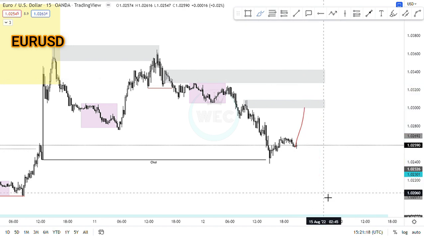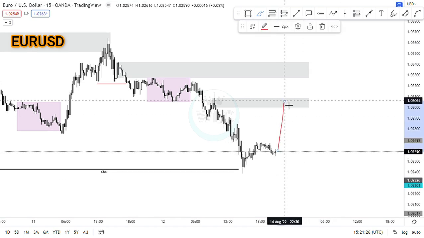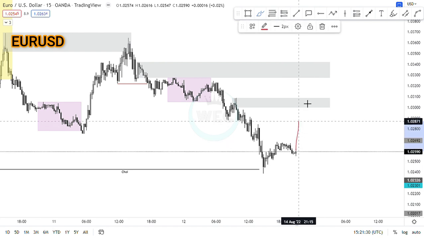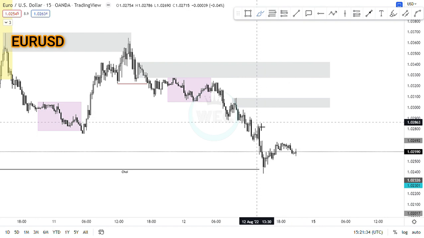So apart from that, you need to ask yourself if price is really willing to make that push into any of these zones, right? And the only time we can confirm that price really wants to make this push into any of these zones, we will need to have this last high taken out.